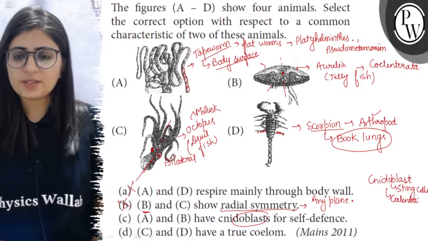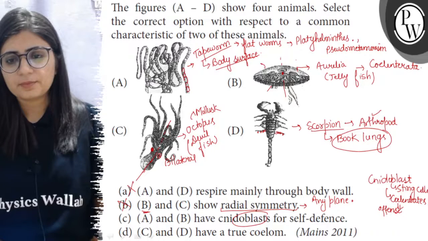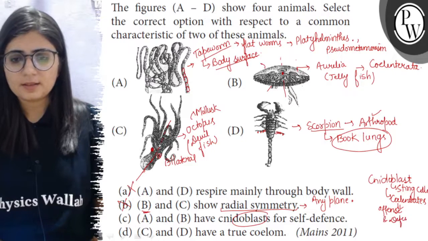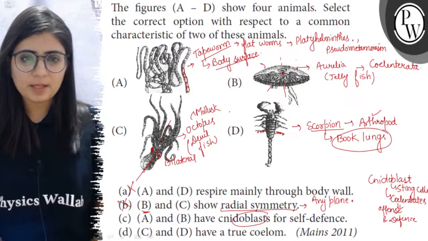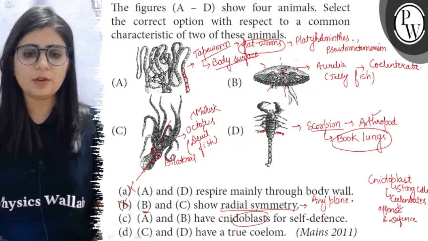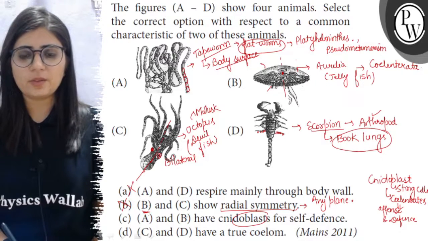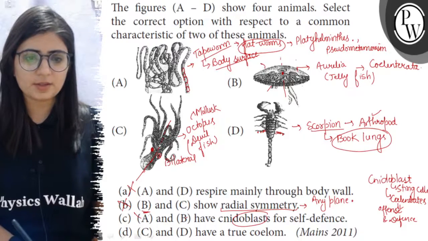So it is a characteristic feature of coelentrates, and these cells are meant for offense and defense. And so A and B. A means tapeworm. So tapeworm belongs to phylum flatworm, and in flatworms no cnidoblasts are there. So this statement is wrong with respect to tapeworm, but it is right with respect to jellyfish, because jellyfish is a member of coelentrates. So this is also wrong.